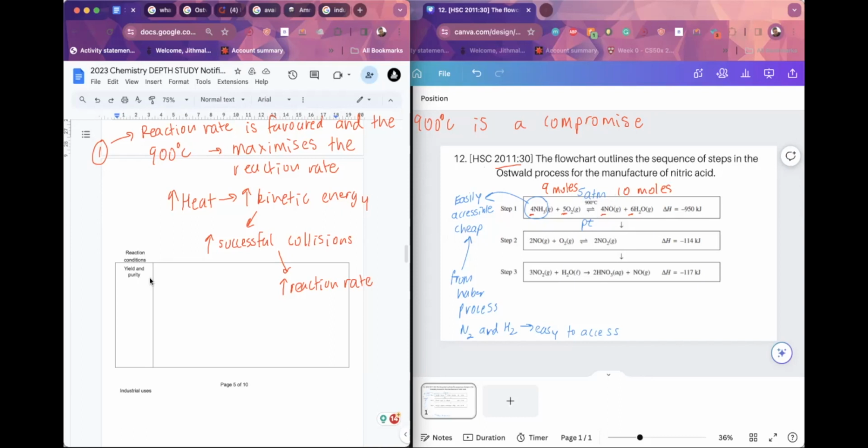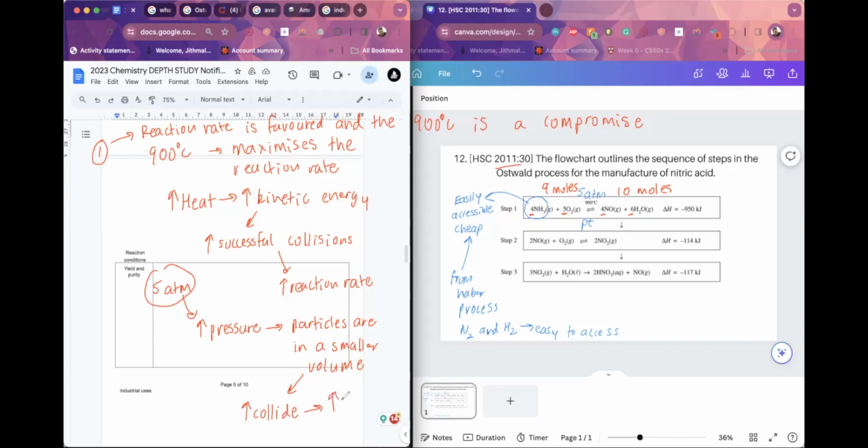And that would also increase the reaction rates. So 5 atmospheres is a higher pressure. And that means that the particles are in a smaller amount of space or a smaller volume, which means they're more likely to collide and then undergo successful collisions.